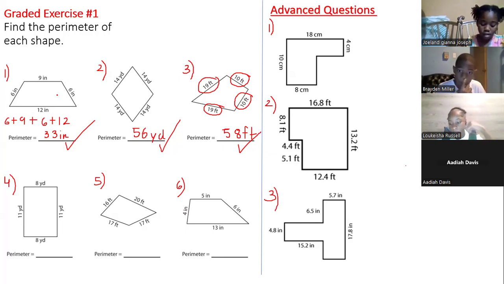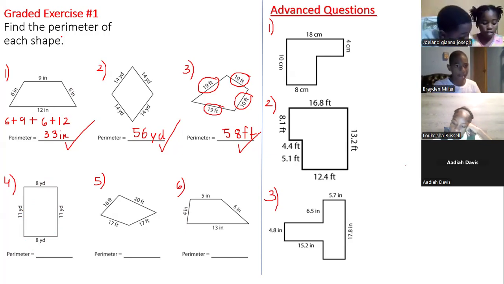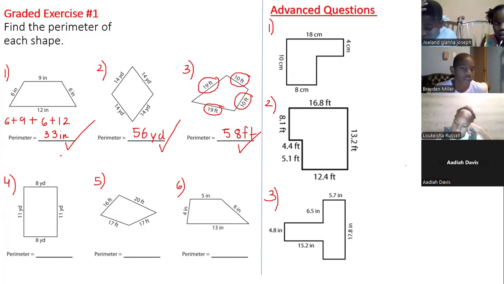Number 4, we have 11 and we have 8. What did y'all get for number 4? 38.